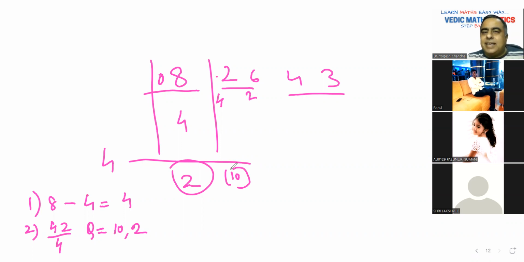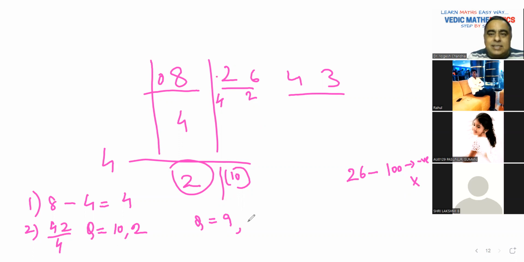Now this is a single digit number. It is not a double digit. First thing you need to understand. It is not two different digits. It has to be considered as one digit. So 26 minus the duplex of 10, which is 10 square, that is 100. So this is negative, so we will not consider it. Then I'll put the quotient as 9.